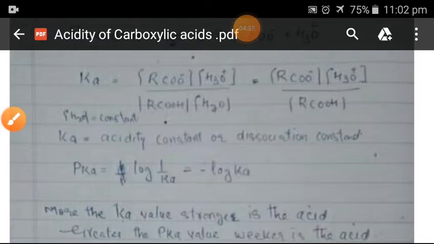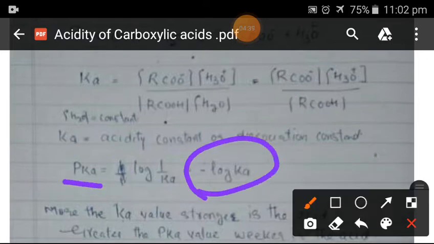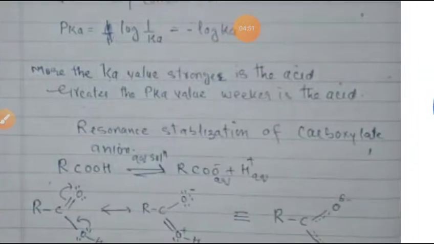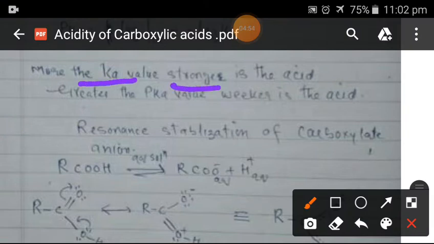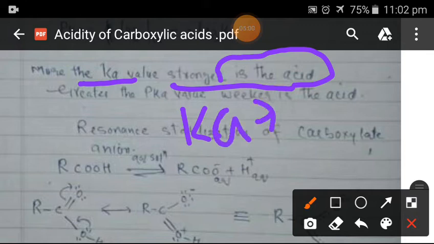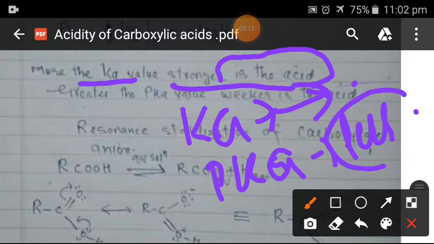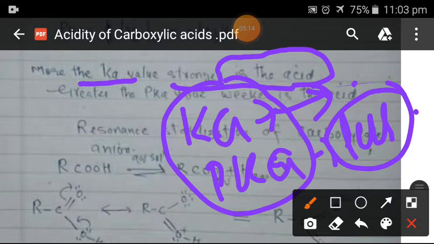So pK is equal to minus log K, because when it goes to the denominator, it becomes minus. The more the value of K, the stronger the acid. When the dissociation constant is more, the acidic strength will be more. Similarly, when the pK value is more, the acid strength will be less. Clear? So they are inversely proportional to each other. When the Ka value is greater, the pK will be lesser. Clear?